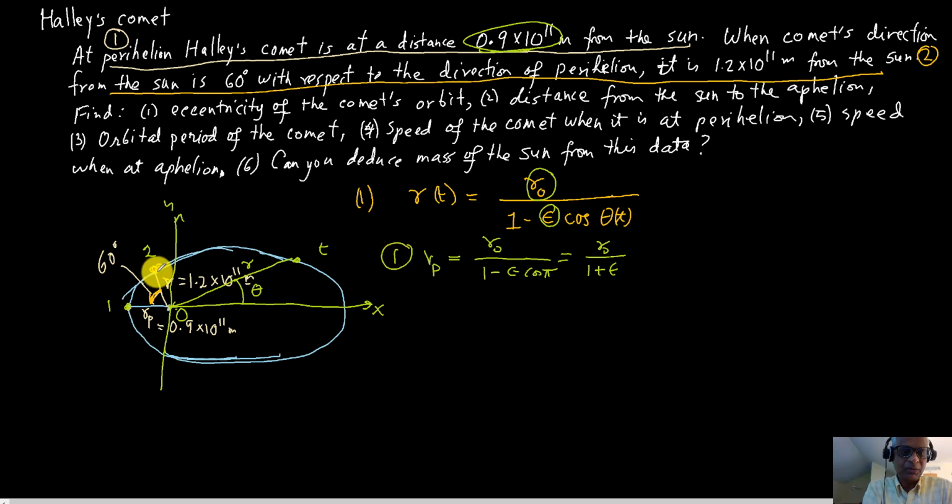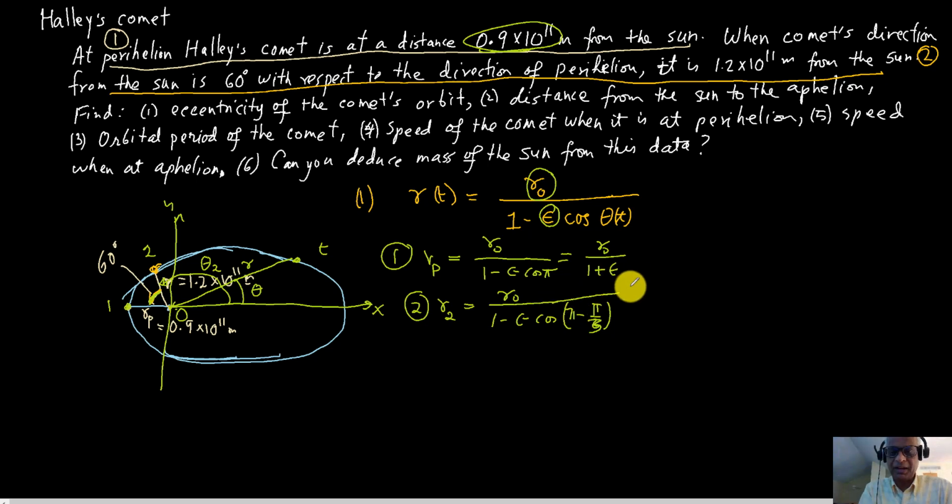And then over here, when it's over here, that distance is, let's call it r2. So r2 is the same r0 over 1 minus epsilon cosine theta 2, and this angle is given, so the angle that we want is that angle, theta 2. Theta 2 is pi minus pi over 3, 60 degrees.